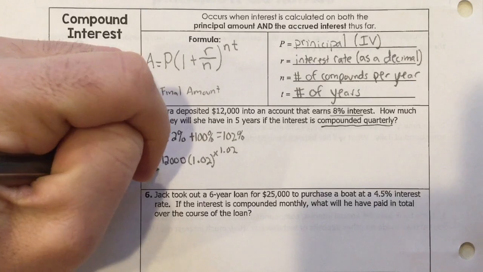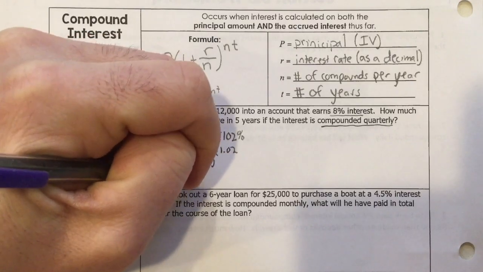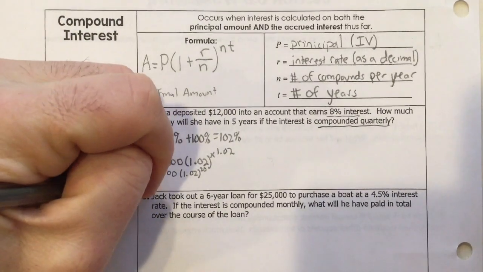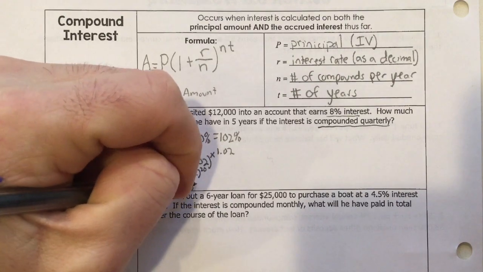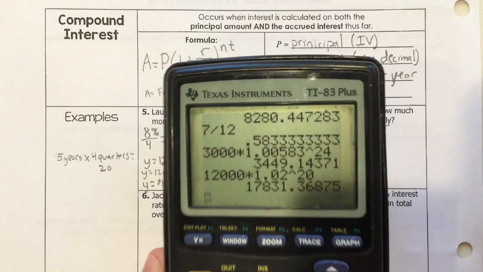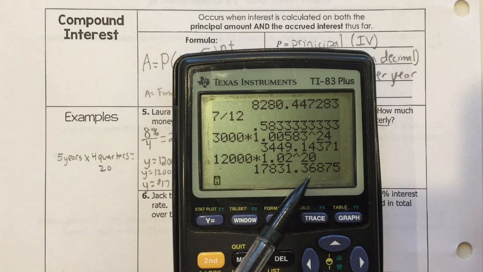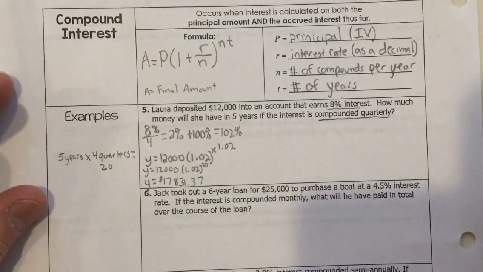So we do y equals 12,000 times 1.02 to the 20th power. So we get y equals $17,831.37. Make sure you're rounding correctly. This is an 8, so that's going to bump that up to a 7. You have to do normal rules of rounding, and we're talking about 2 decimal places for money.